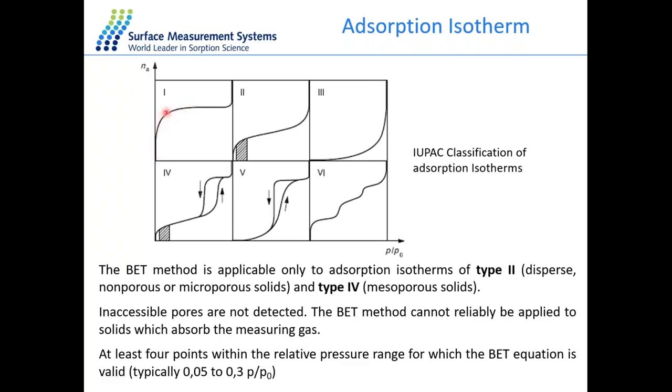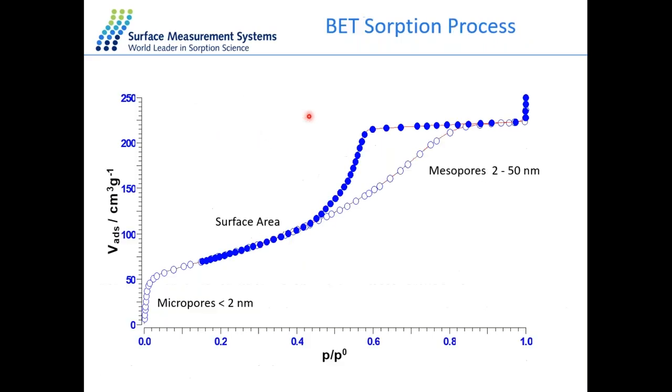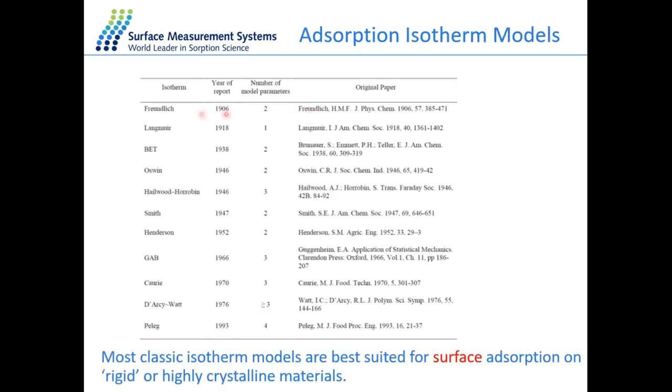It just assumes monolayer, nothing else after that. The BET equation assumes monolayer, then multi-layer growth on top of that. And those are different models. Here you can see this is the Langmuir, this is the BET. Langmuir was first, BET was basically an extension of the Langmuir model.